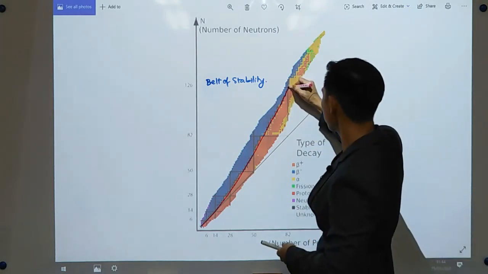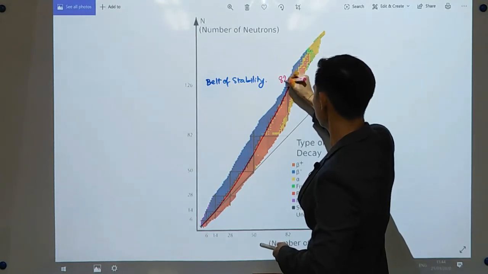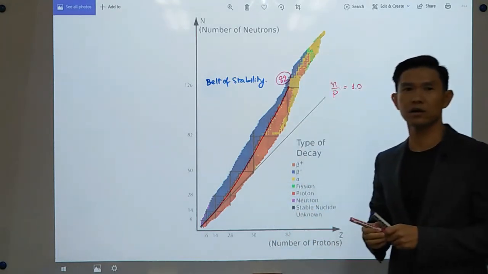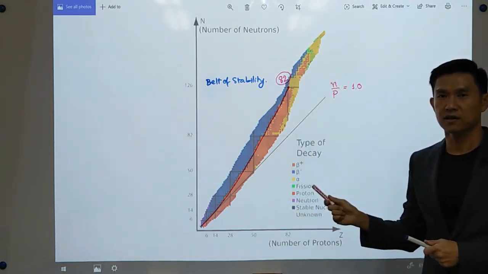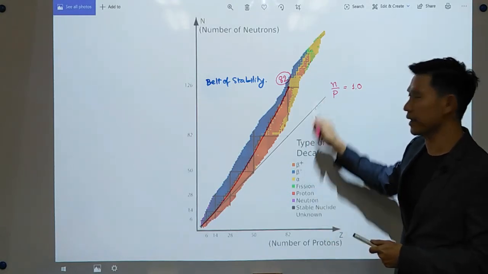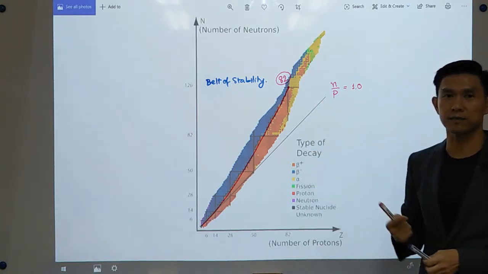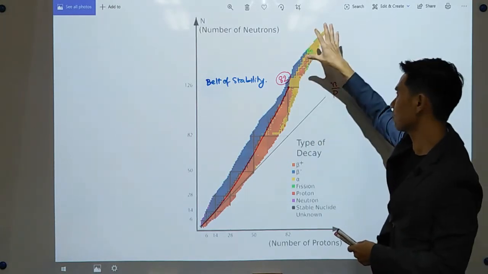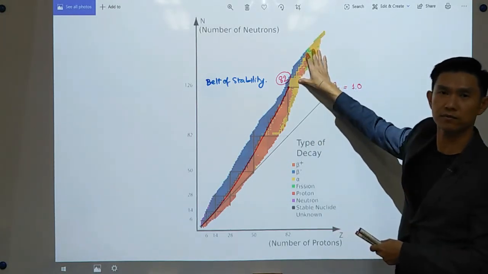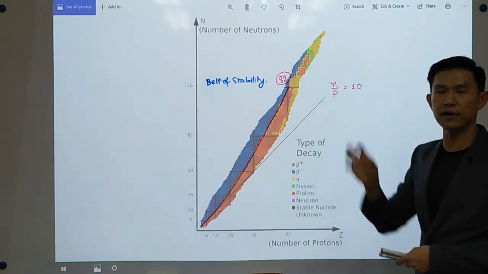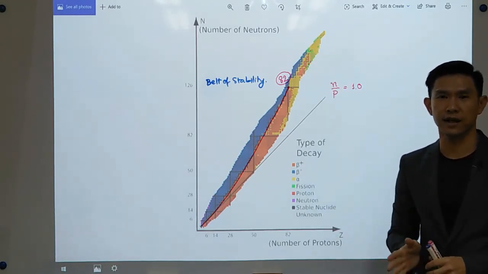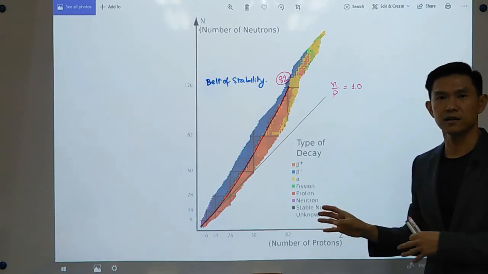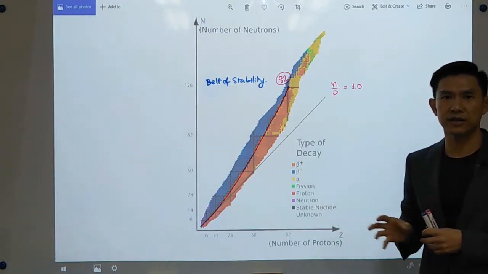So this point is number 82, or this is lead, right? And from 83 and so on, bismuth is number 83, right? Bigger than that, there are no stable isotopes available. That means every isotope of bismuth and the elements bigger than that can decompose very easily.